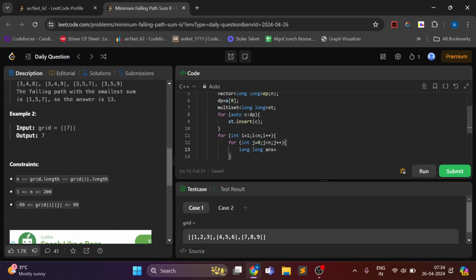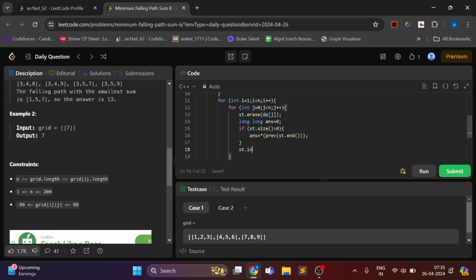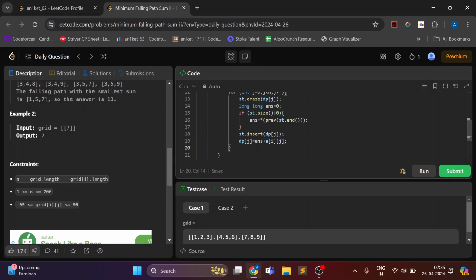Well, I will calculate. First I will erase the previous element, that is dp of j, then calculate the answer if the set size is greater than 0, and I will insert this dp of j, and I will update the current dp of j equal to the answer plus a of i of j, and I also need to update the multiset.